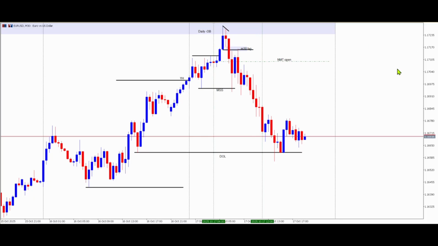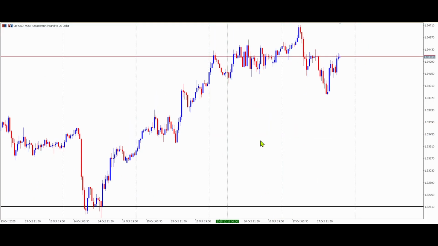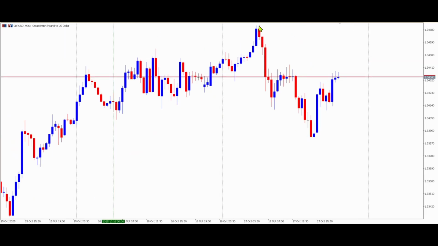But if we check the GBP/USD, very same candles, this one formed a higher high right here. That's a higher high, so this is our nice SMT right there.